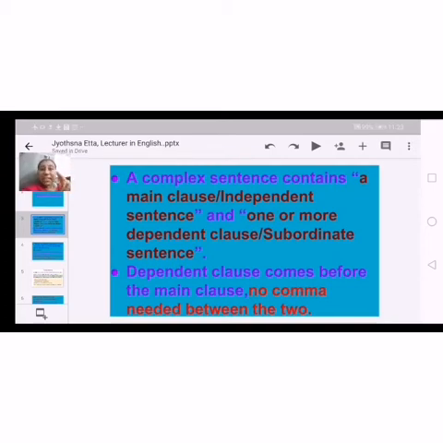A complex sentence contains two sentences, one independent and one dependent, and we combine these two sentences by using a connector.